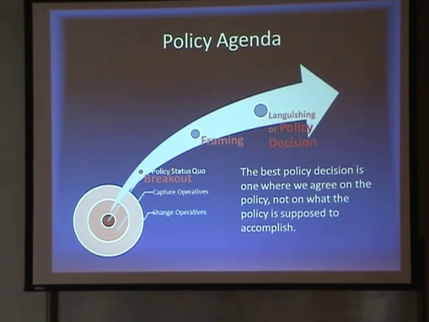It's just that we agree on the policy. You can agree on the policy because you think it's going to do ABC. You can agree because you think it's going to do DFG. If we try to get ourselves to agree on what it's going to do, you actually minimize the chance that a policy change will occur.